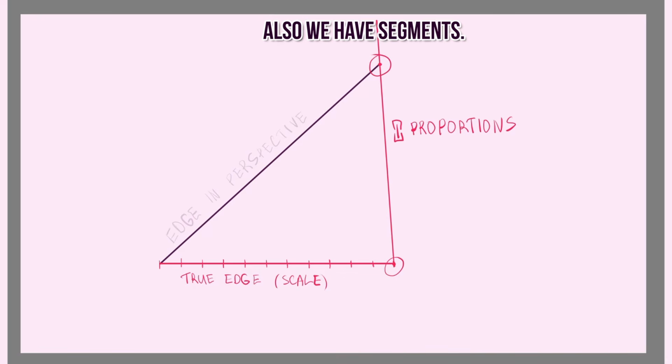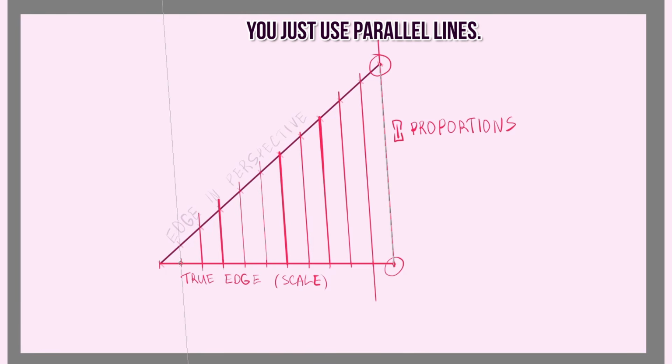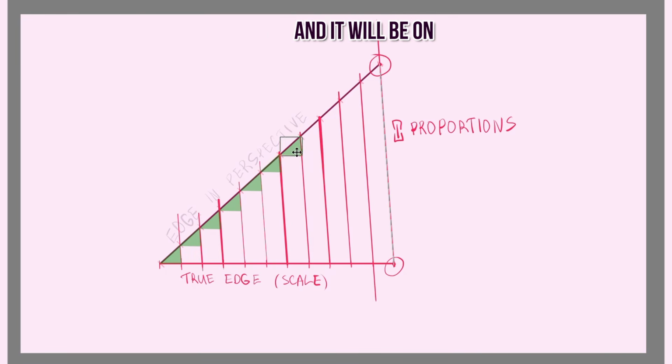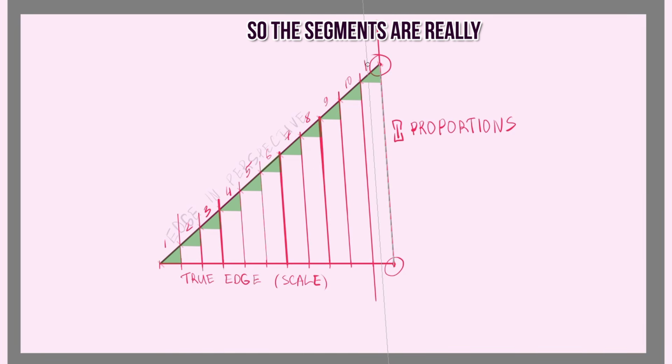Also, we have segments, and if you want to scale them the same way, you just use parallel lines. You can see that we get the smallest triangle on each segment. So the segments are really equal.